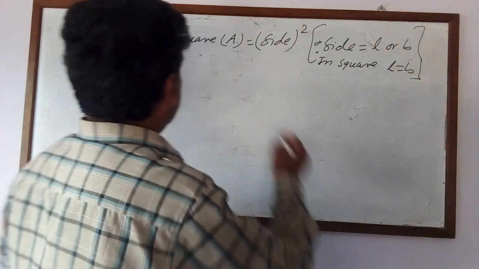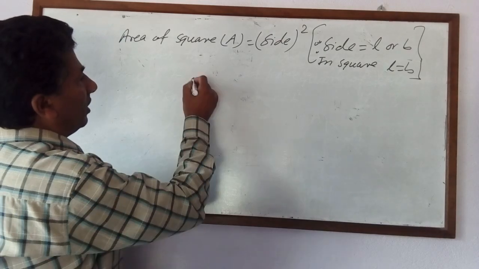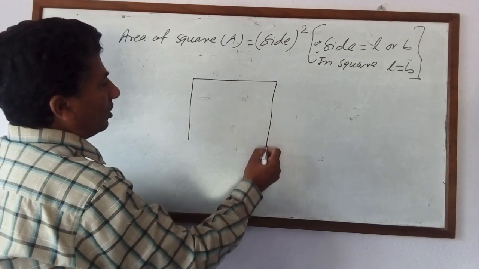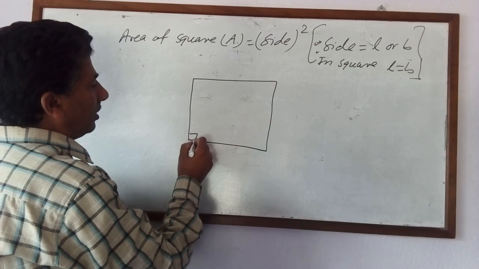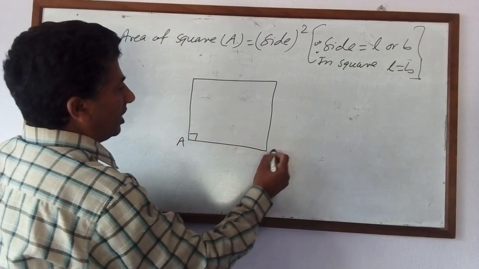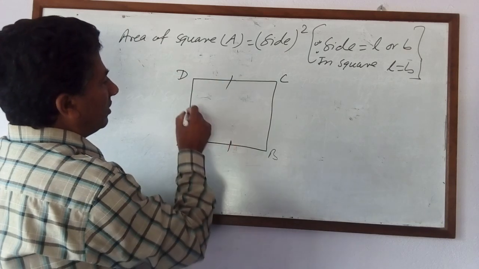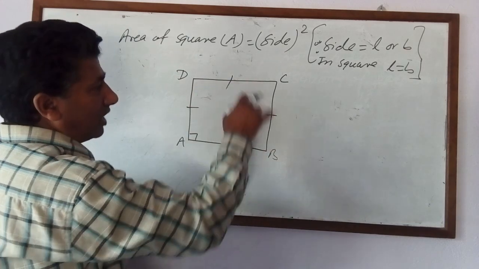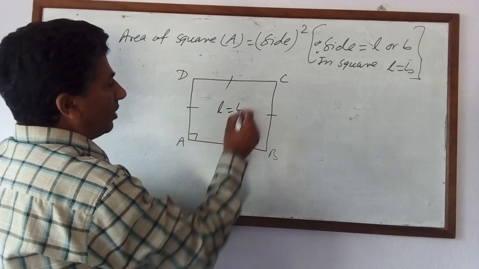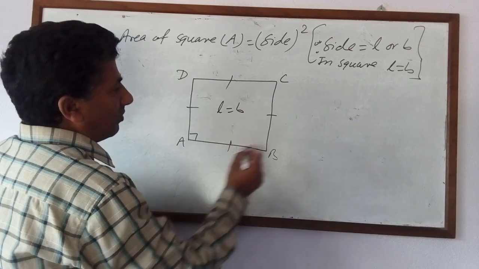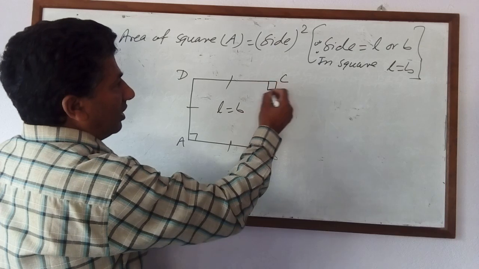Now to be a square, all sides should be equal and each angle should be 90 degrees. ABCD: this and this equal, all sides equal. L and B equal, length and breadth are equal, and each angle should be 90 degrees.